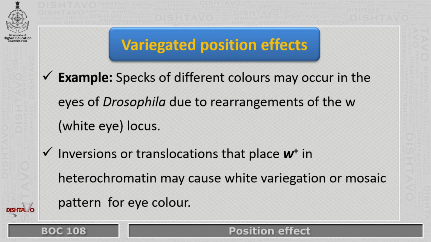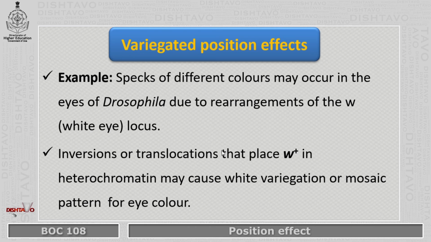Another example of position effects, that is variegated position effect, is observed in the eyes of Drosophila. Specks of different colors may occur in the eyes of Drosophila due to rearrangements of the white eye locus.